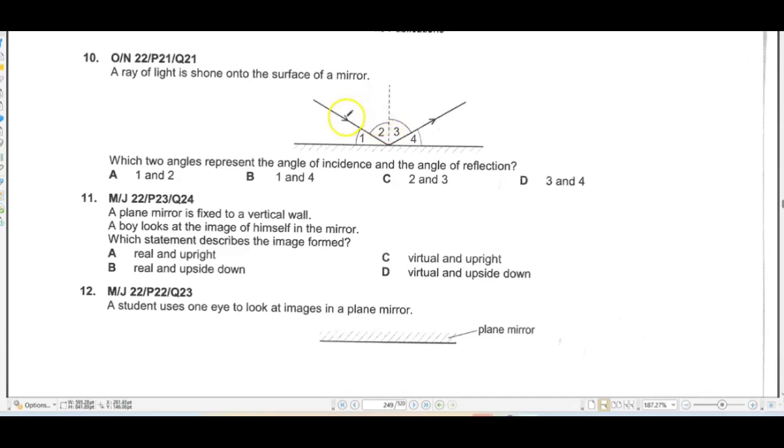So, this is the incident ray and this is the reflected ray. And this is our normal. So the angle between the incident ray and the normal is the angle of incidence, and the angle between the reflected ray and the normal is the angle of reflection. So 2 and 3 are going to be the answer. So C is our answer.